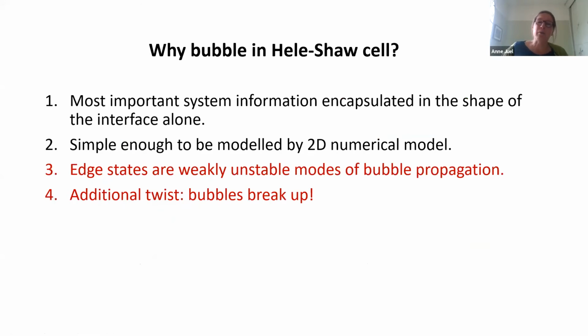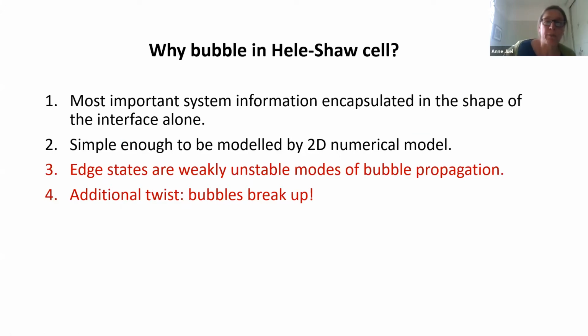So you may ask, why choose a bubble in a Hele-Shaw cell? And one thing that's really nice about bubbles propagating in Hele-Shaw cells is that Hele-Shaw cells or channels typically have an in-plane dimension, so width, for instance, of the channel, that is much larger than its depth.